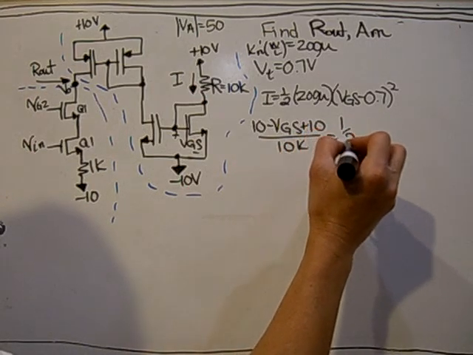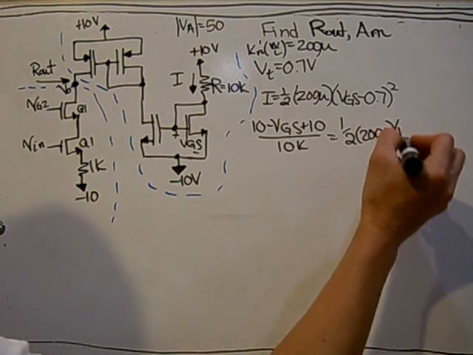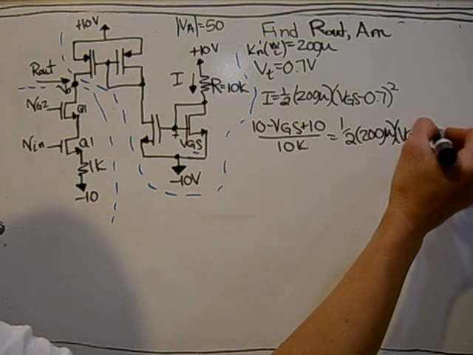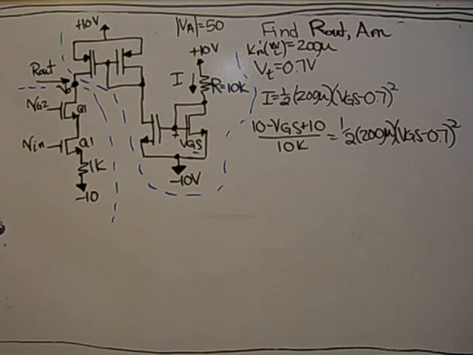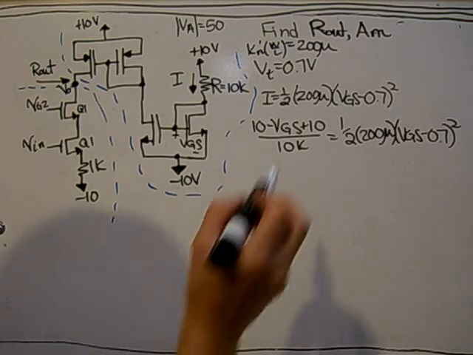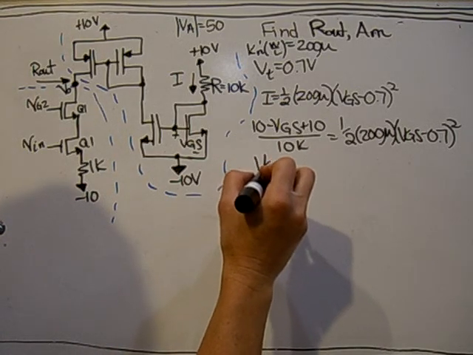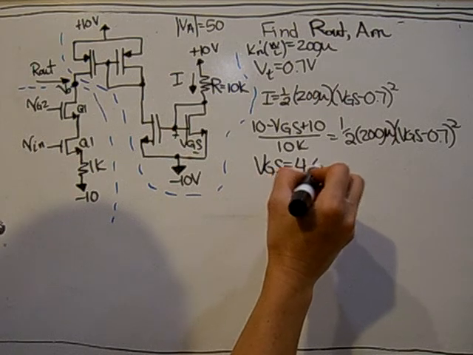So you can set those two equal, and then solve for VGS. You'll get two values for VGS. One will be positive and one will be negative. The positive one is going to be the valid one, and in this case the VGS is 4.62 volts.